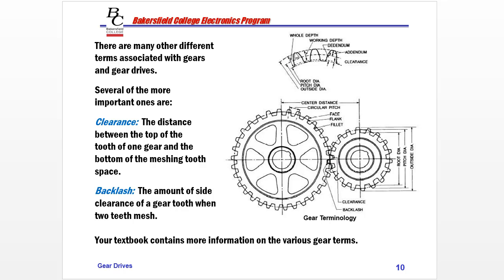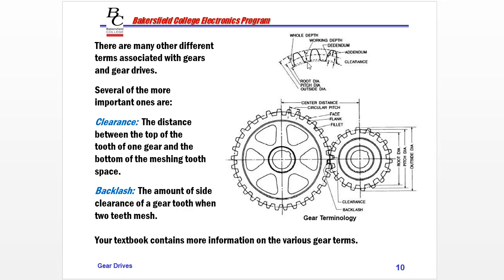So it's the top of the tooth right here to where it fits into the other tooth. And there's not going to be a tooth that's going to fit all the way down to the bottom, because if it did, it would cause a binding action.